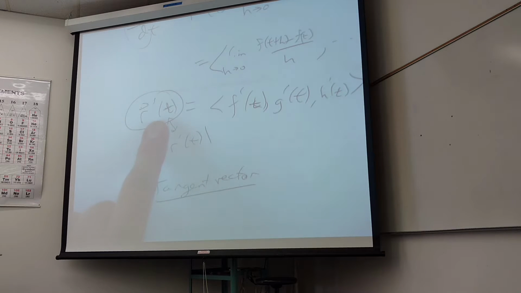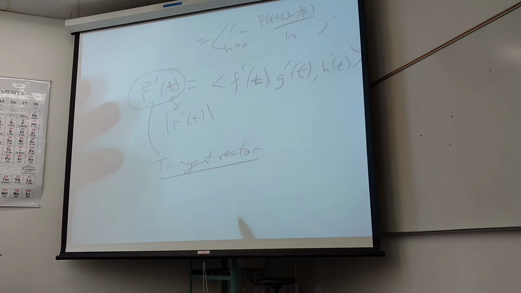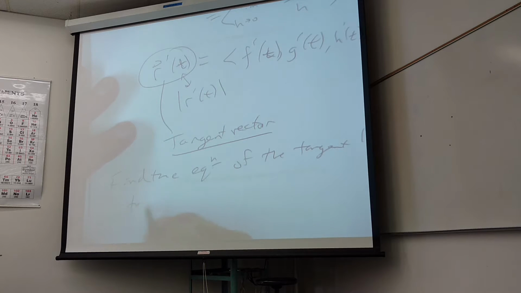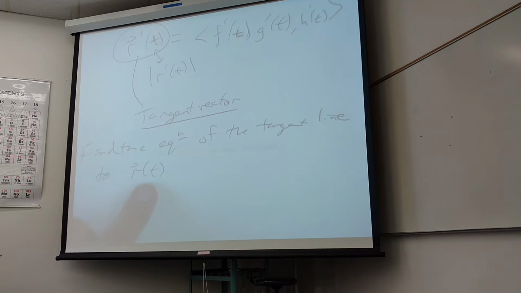Let's do a problem real quick here. If I said find the equation of the tangent line to some vector function r of t at some point, just to give us a little hint for the future.